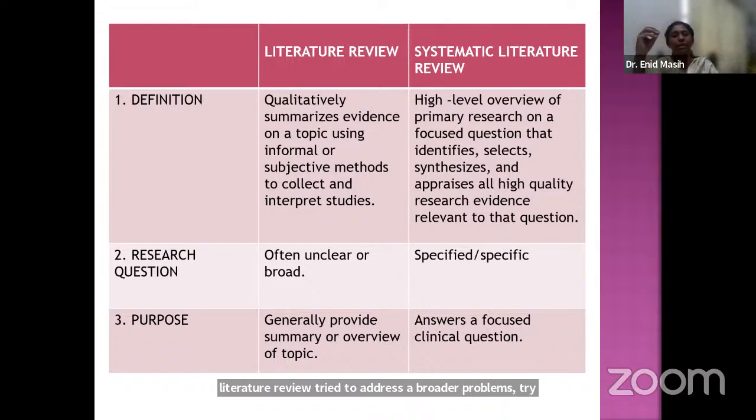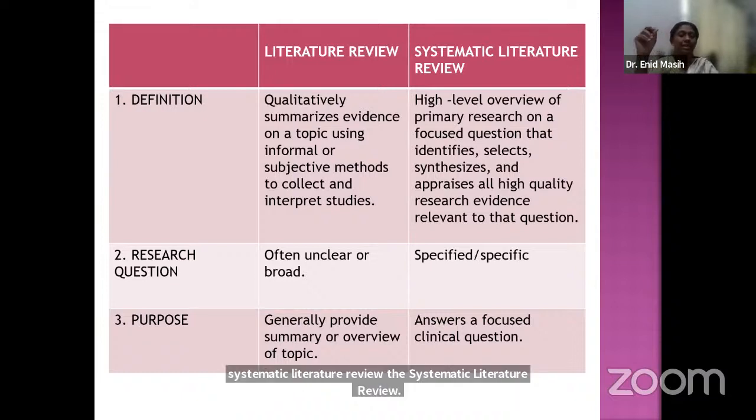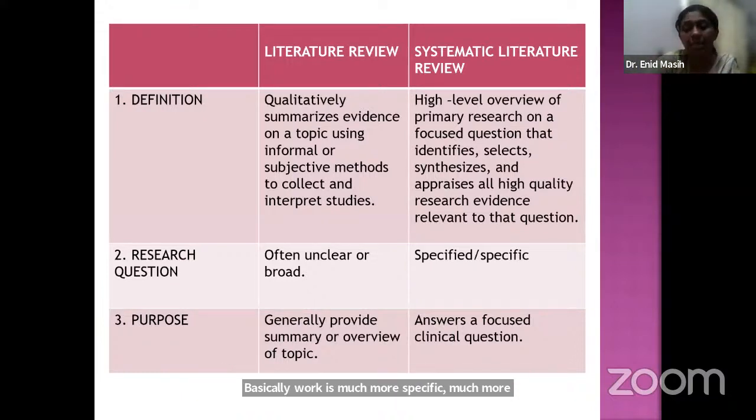But the systematic literature review is much more specific, and this will definitely help us in answering the question in a much more proper way.